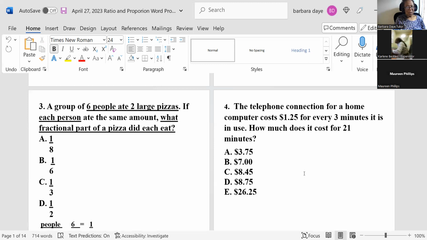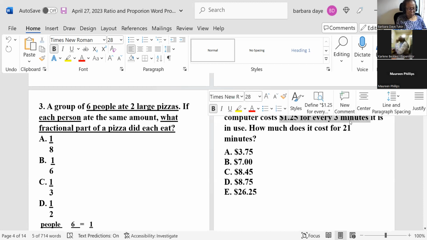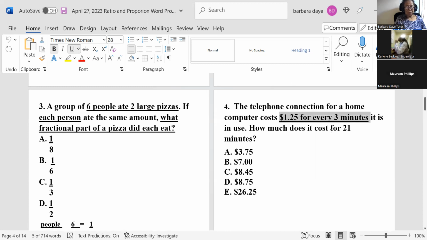If you don't see the relationship there, go ahead and set it up as ratio proportion. Set up your first ratio, put it equal to the second one, cross multiply, solve for the cost for 21 minutes. So there's one ratio right there, $1.25 for every 3 minutes. That's one ratio.